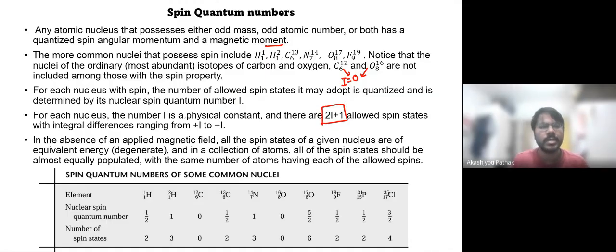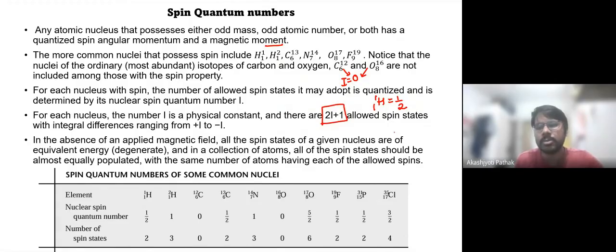Is this point clear? For each nucleus, the number I is a physical constant, and there are 2I plus 1 allowed spin states with integer differences ranging from plus I to minus I. If we consider the example of the proton, it has a spin quantum number I of half.